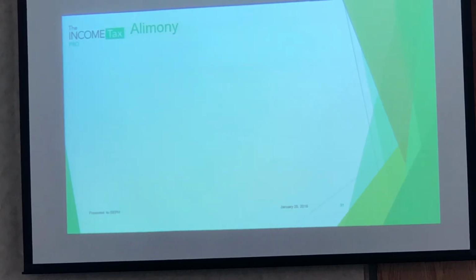Where it used to get people in trouble was if husband and wife both had income, because the husband's employer doesn't know anything about the wife, and the wife's employer doesn't know anything about the husband. So they end up withholding as if it was a single, one income. Then when you combine the two at tax time, they end up in a higher bracket and have to pay money.